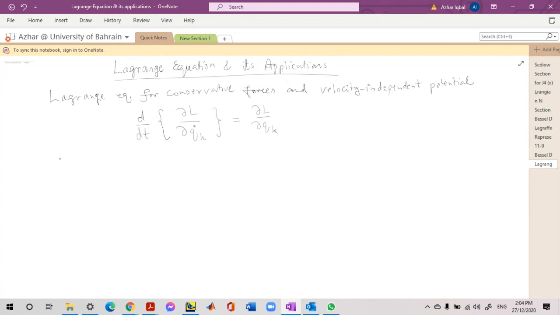What happens is that when there are non-conservative forces present, this equation takes a slightly different form. So I'm just going to write that down without going into the detail of deriving it, and then start looking at how it is applied.